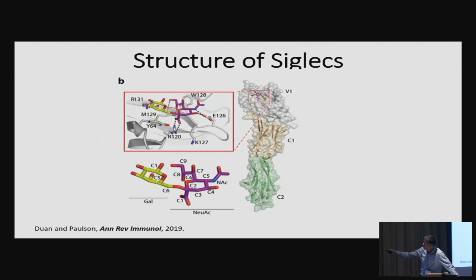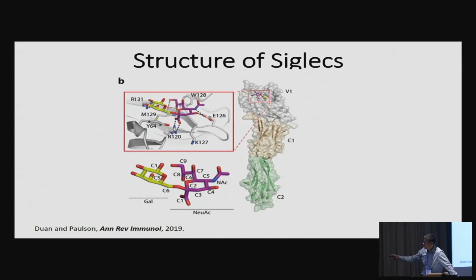Okay, so here we have the V-set domain, and I'll go into the V-set domain a little bit more on the next slide, but here you have beautiful interactions with the sialic acid. The key interaction that I'll tell you about is this salt bridge with a conserved arginine. And so this is really what holds this together.